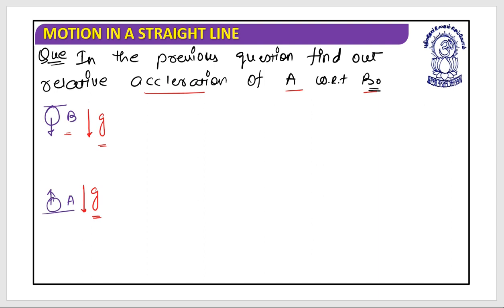If the direction of acceleration is the same in both the cases, what should I do? Shall I add them or subtract them? Yes, you need to subtract them. So acceleration of A with respect to B is equal to acceleration of A minus acceleration of B. And if I subtract, g minus g gives me 0 meter per second square.